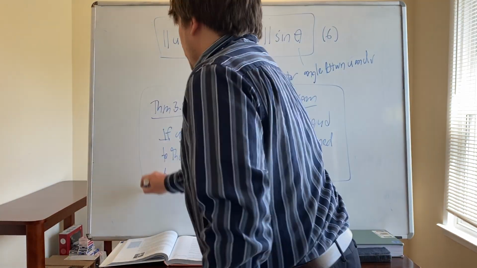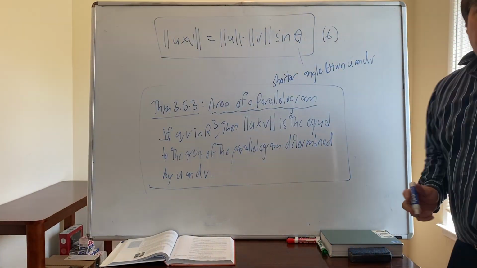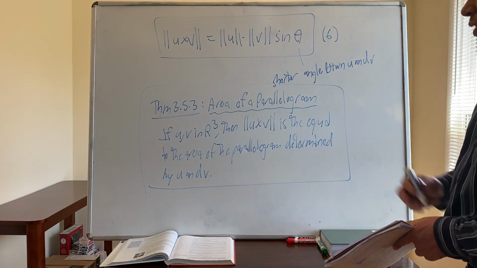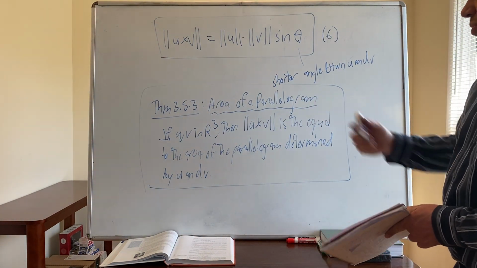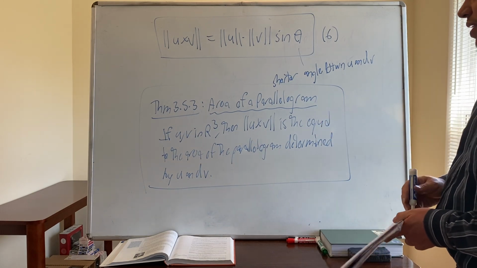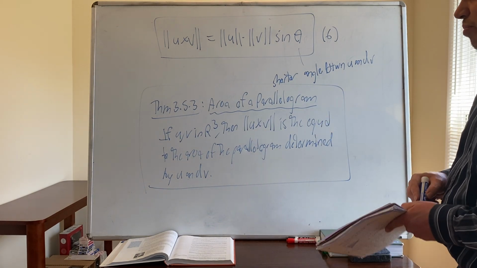I find this a little annoying. Again, theorem 3.5.3: if u and v are vectors in 3 space, then the norm of u cross v is equal to the area of the parallelogram determined by u and v.